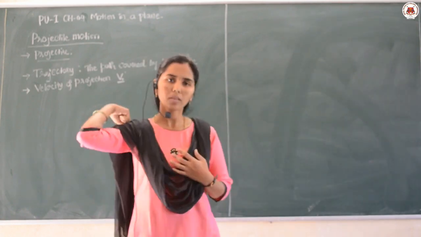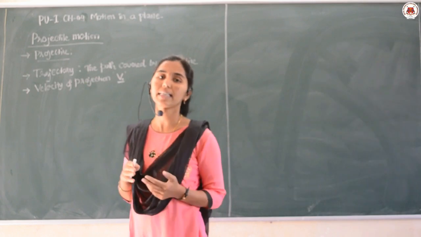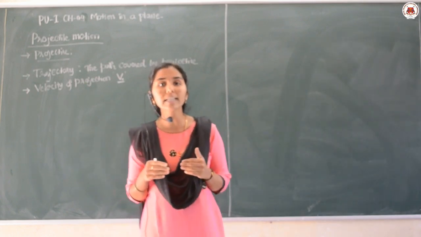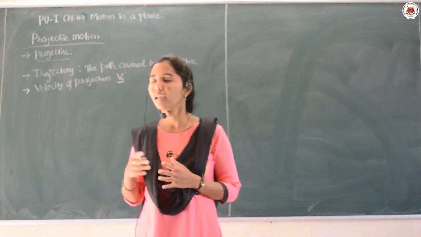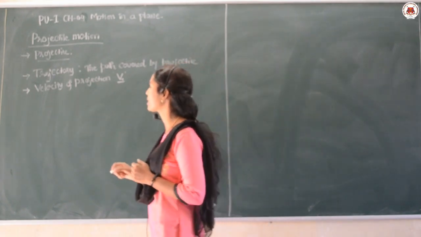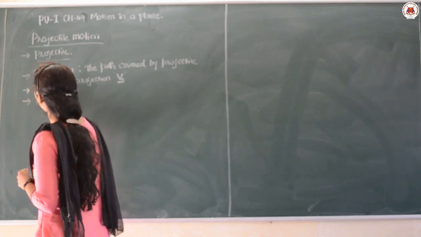What is the velocity of projection? The initial velocity with which a projectile is projected is called the velocity of projection. Then next one, angle of projection.